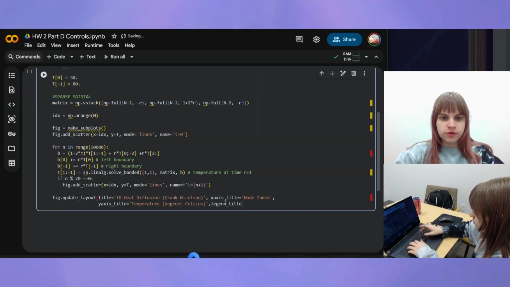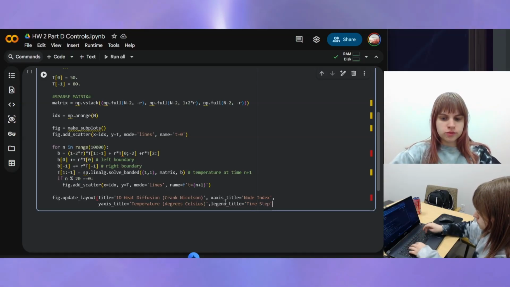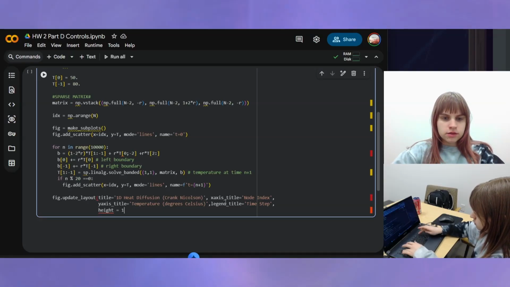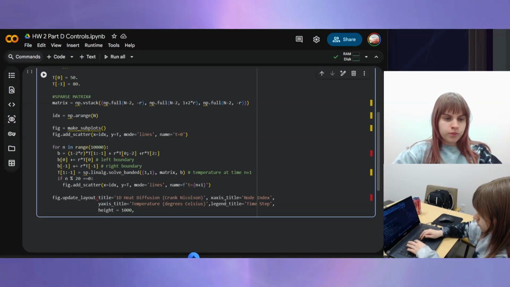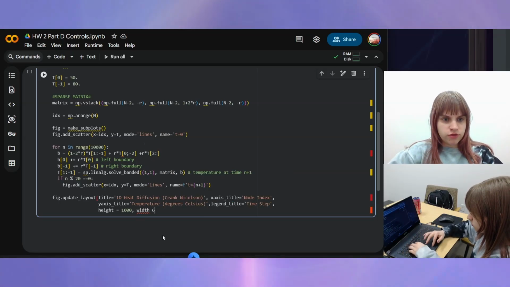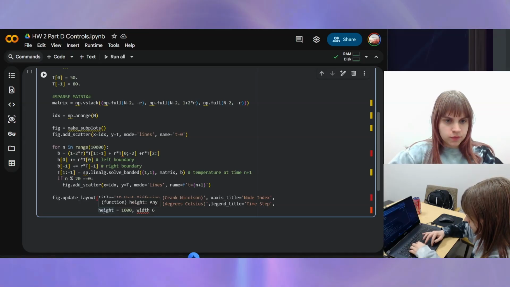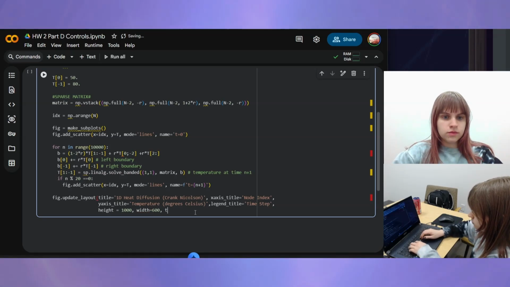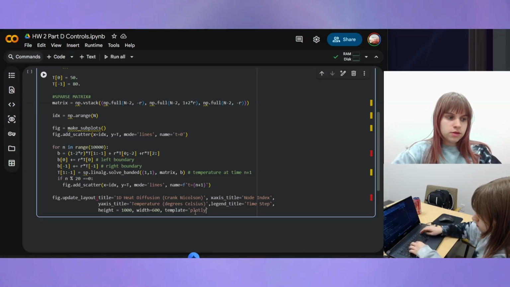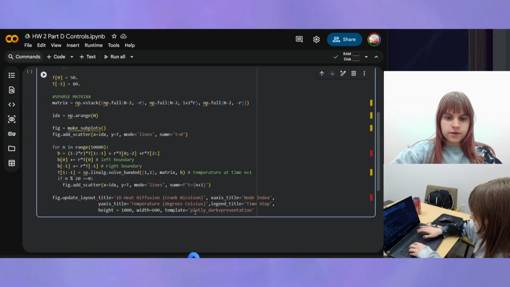The legend title is going to be time step, so that we can keep track of what time step we're on. Height, width, I think I usually do, that's fine. And my usual template. Right there.